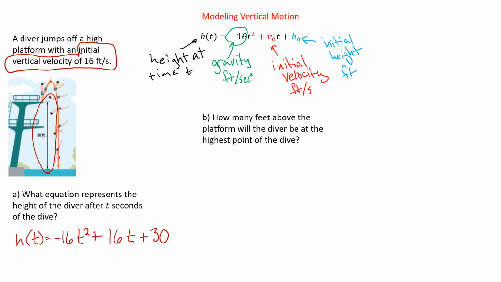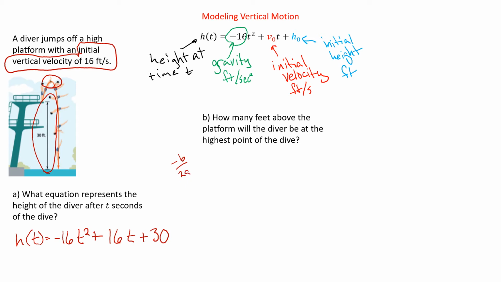Now, a lot of times it's going to ask another question: how many feet above the platform will the diver be at the highest point of the dive? Well, the feet above the platform, the highest point, it's going to be right up here. That's going to be at the vertex, right? So, how do we find the vertex? This is in standard form. The vertex is going to be at negative b over 2a.